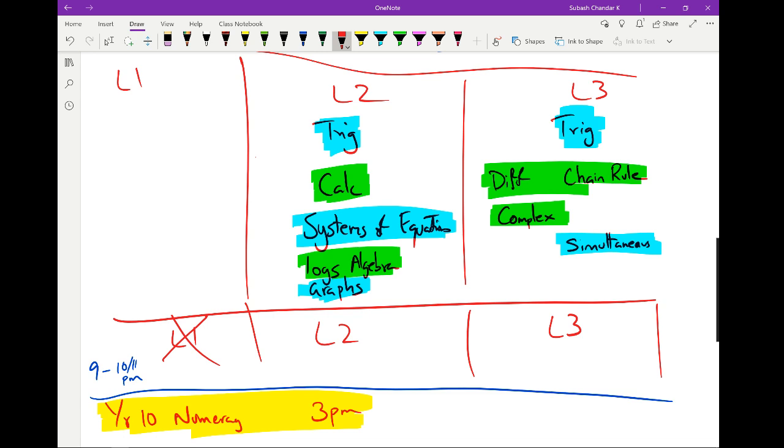Okay, so just recapping: between 9 and 10 or 11, we'll start working on level 2 and level 3 stuff. I'm just trying to think how we do this, but we'll nominate a couple of days for level 2 and level 3.